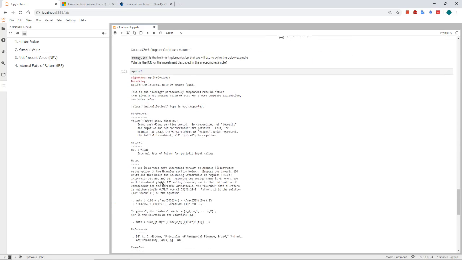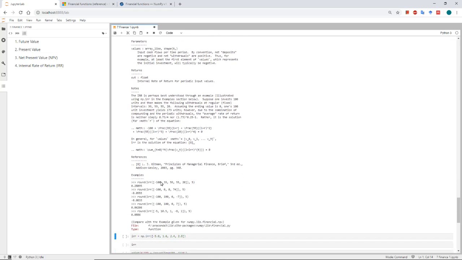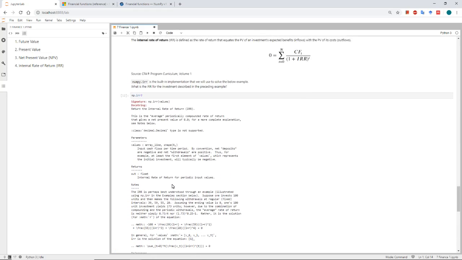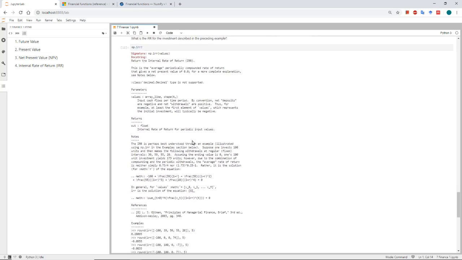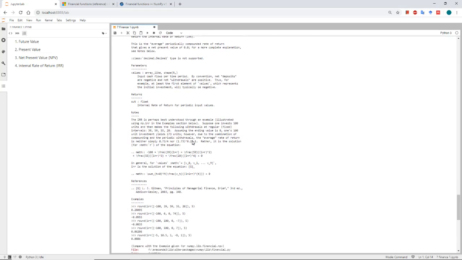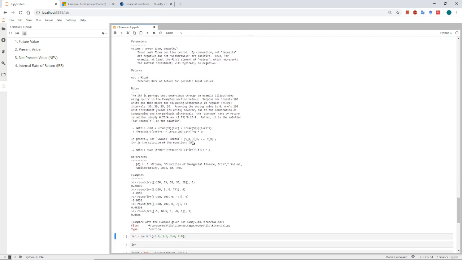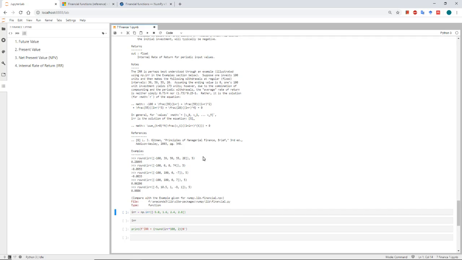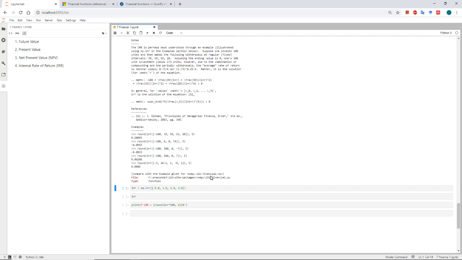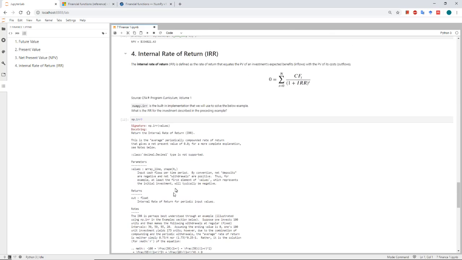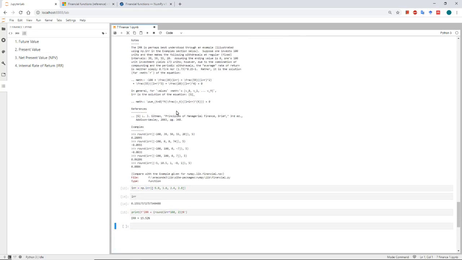We can see here that implementation takes in values and it'll figure out the IRR. There's an example here.